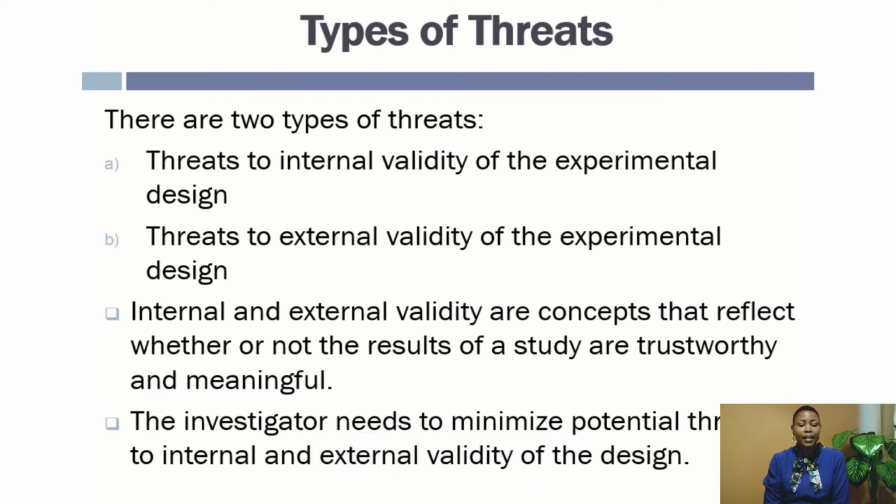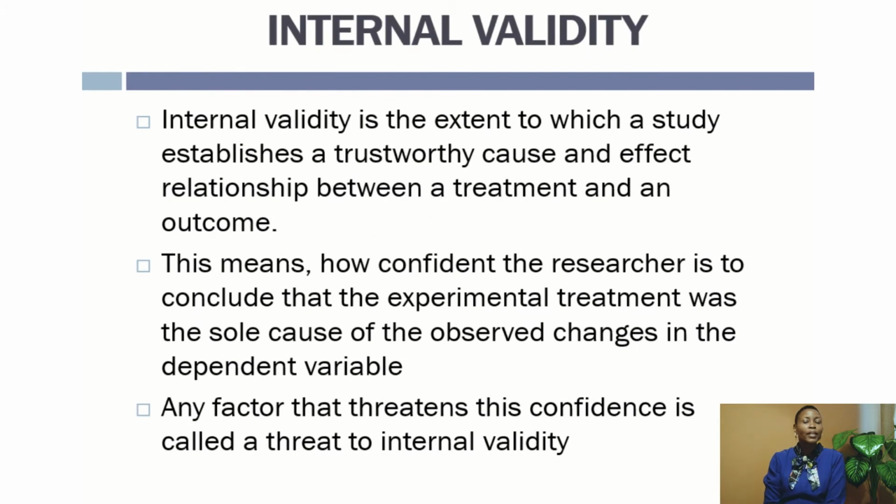So it is the responsibility of the researcher to minimize potential threats to internal and external validity of the experimental design. Let us first understand what internal validity is before we look at threats to internal validity.